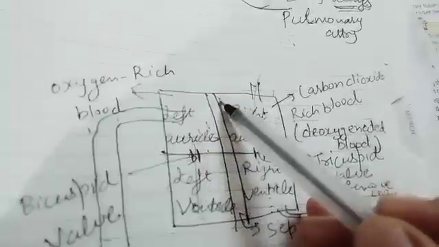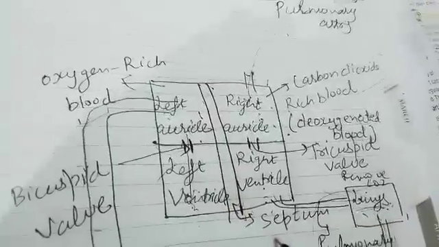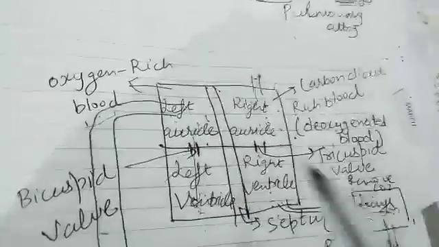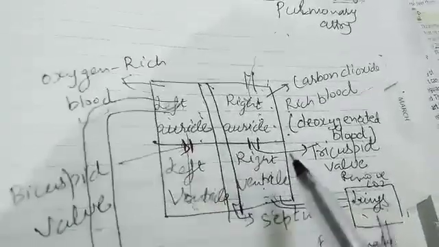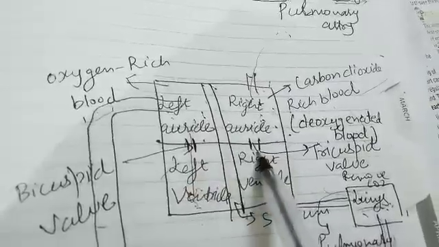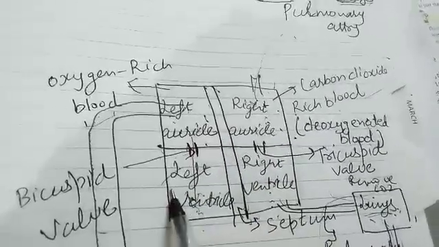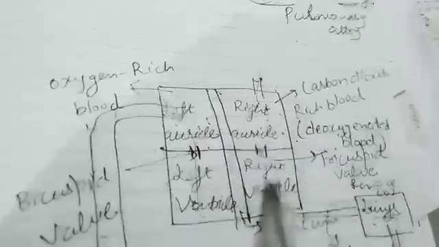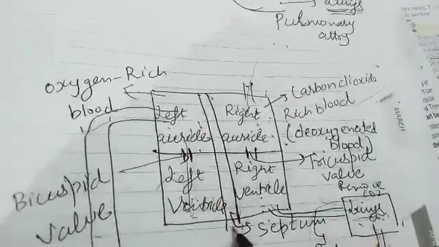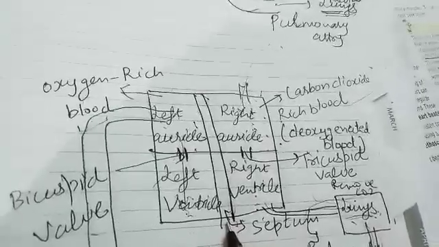In between them is one wall, called the septum. This wall prevents the mixing of the blood on the left-hand side and the right-hand side.